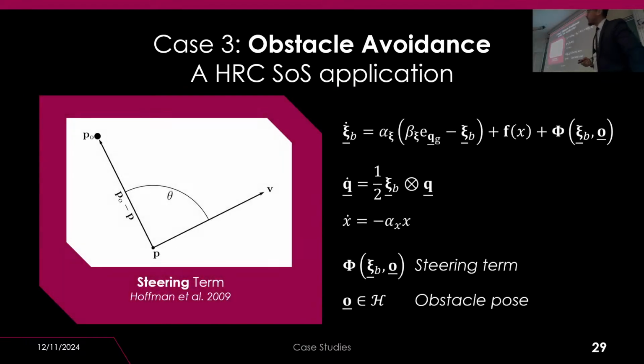But yeah, so as I mentioned, it is based on a steering term, which is also at the same time based on potential field theory applied to obstacle avoidance. So it's basically taking the obstacle as the opposite to an attractor, so a repellent, if you will.